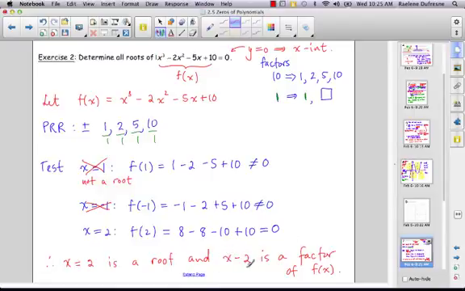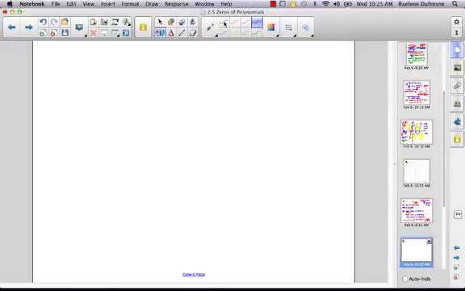Okay, so now let's go ahead and find the other factor. If x minus 2 is a linear factor, then it would have to multiply by a quadratic to give me the cubic. So we perform long or synthetic division. I'm going to do synthetic division. So x minus 2 is a factor of f of x.